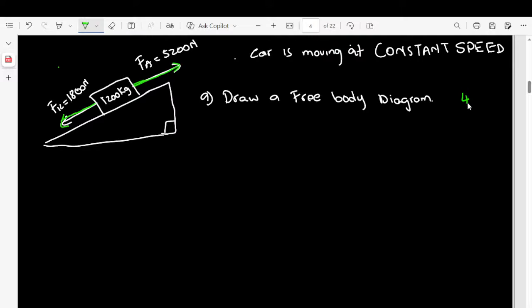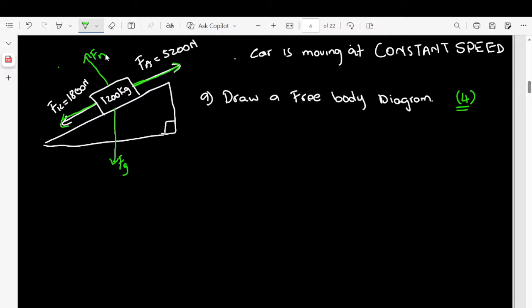Draw a free body diagram for 4 marks simply means that we need to show 4 forces. So therefore I'm going to have Fg going down. I'm just going to call this Fg, but I think it's best if we do it correctly, so you guys can see what is going on here. So the Fg is moving down, and then the normal force will go up.